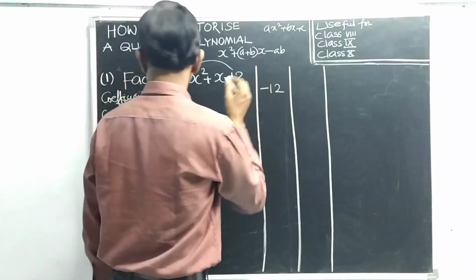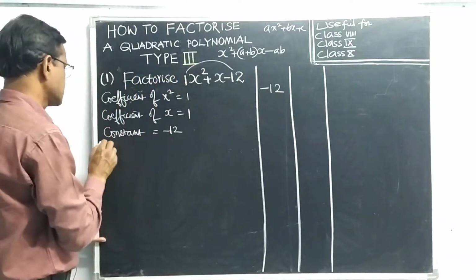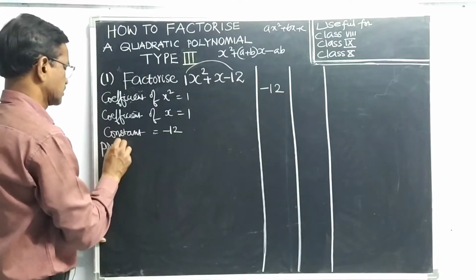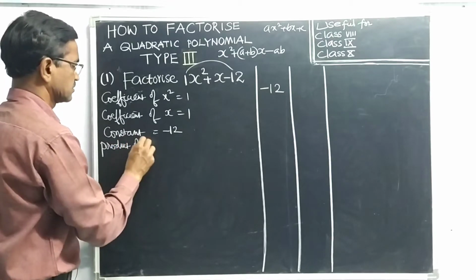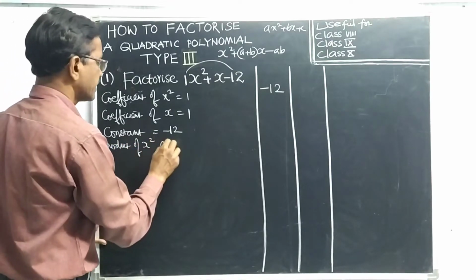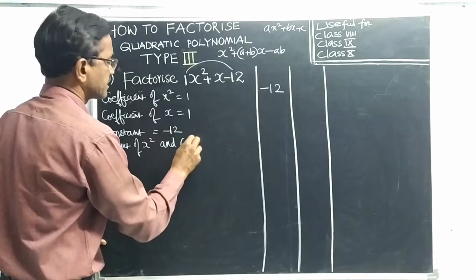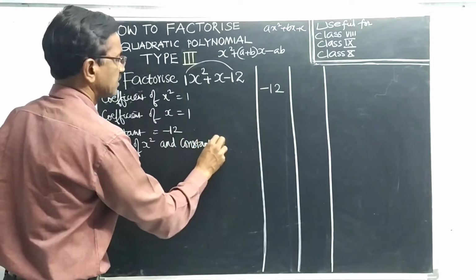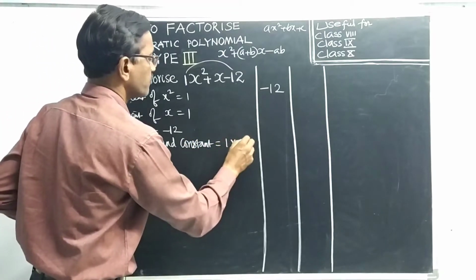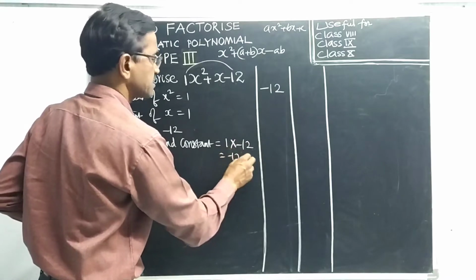So the product of the coefficient of x square and the constant is 1 into minus 12, that is equal to minus 12.